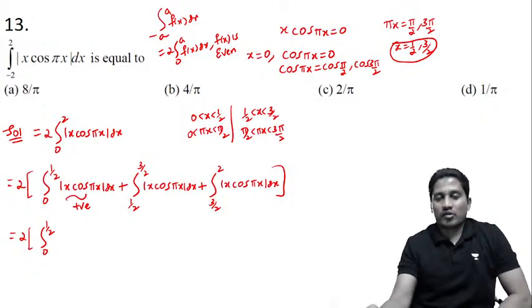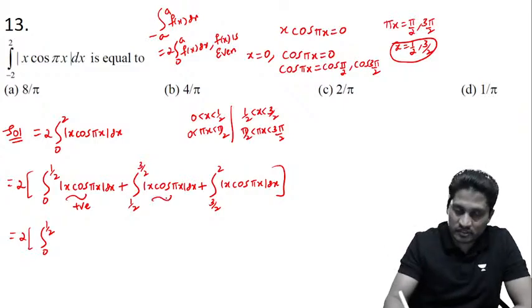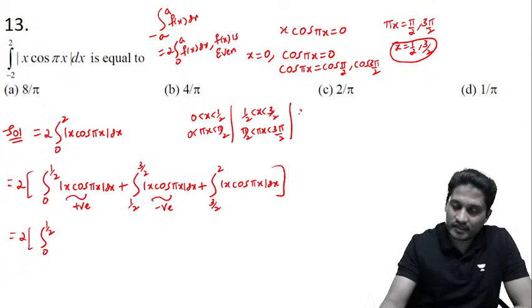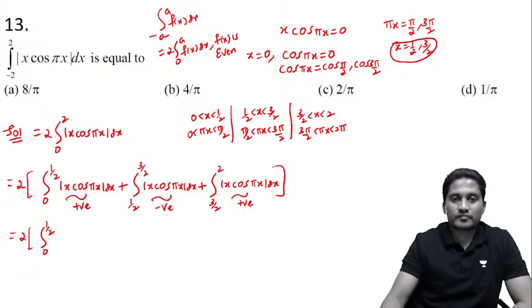Cos is positive in first and fourth, negative in second and third quadrant, so this is negative. Next, if x lies between 3 by 2 and 2, multiplying by pi you get 3 pi by 2 less than pi x less than 2 pi. Fourth quadrant, cos will be positive, so this will be positive.